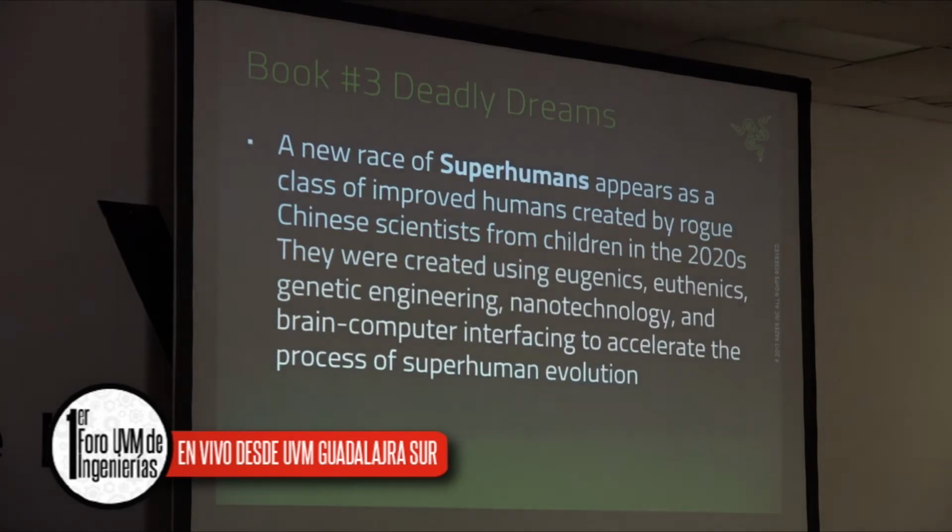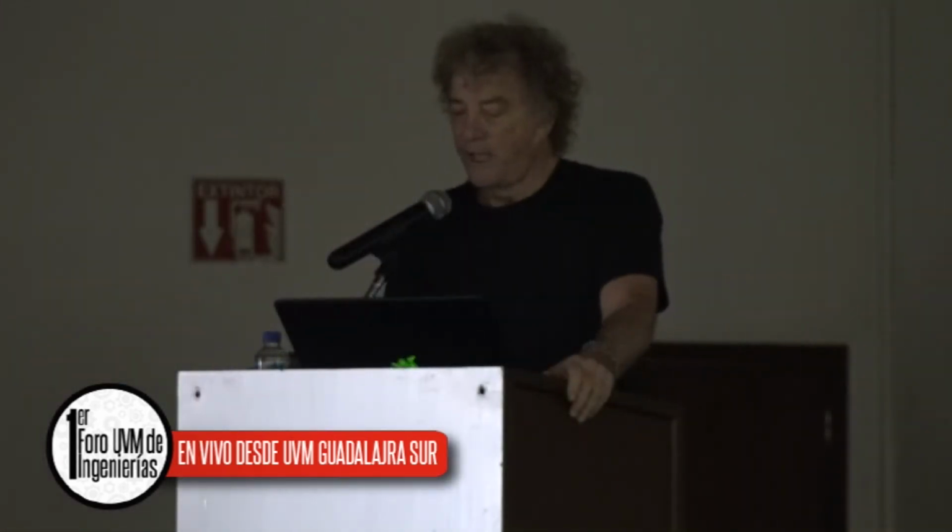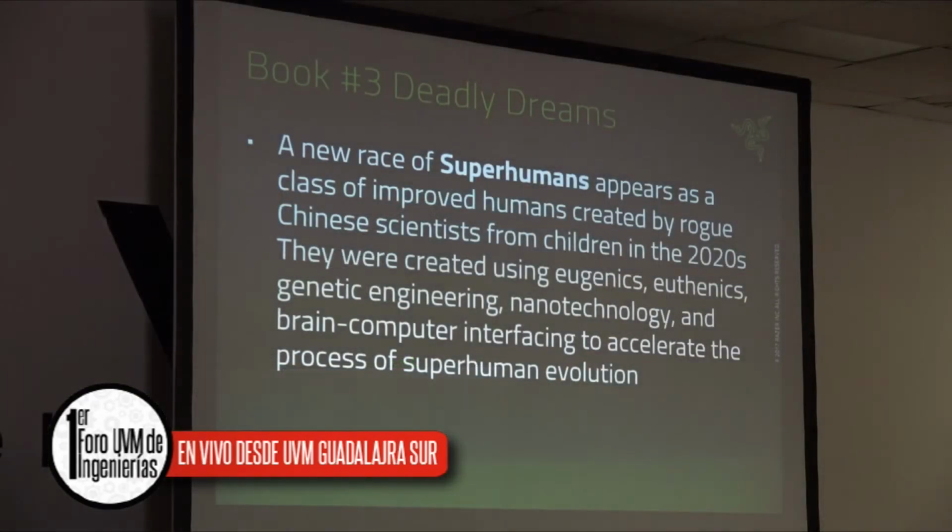In book number 3, again, there's a new race of superhumans that appears, a class of improved humans created by rogue Chinese scientists from children in the 2020s. They actually experiment on children. Now, if you think this is crazy, it's actually being done today. There are Chinese scientists experimenting on children today to build a race of superhumans.